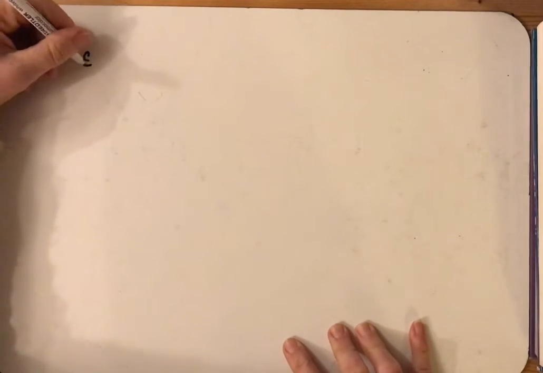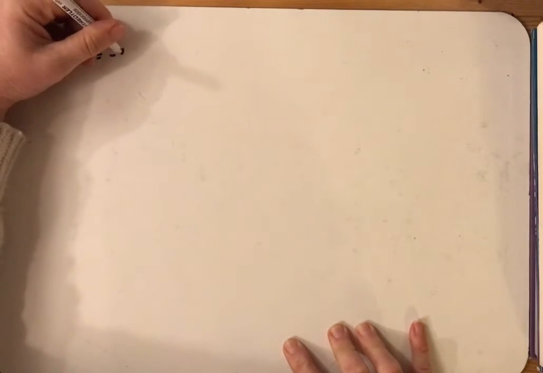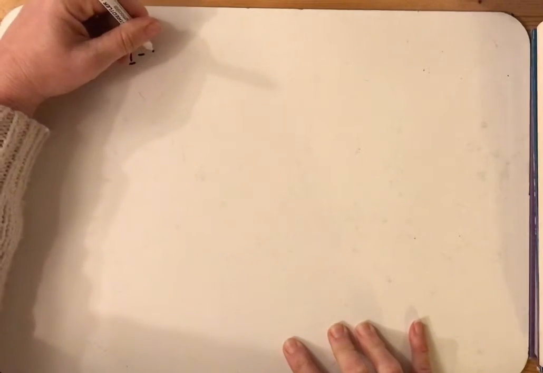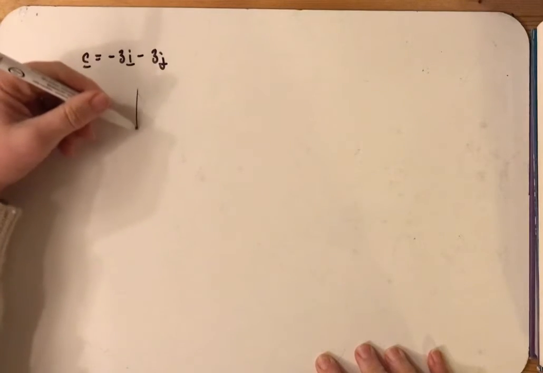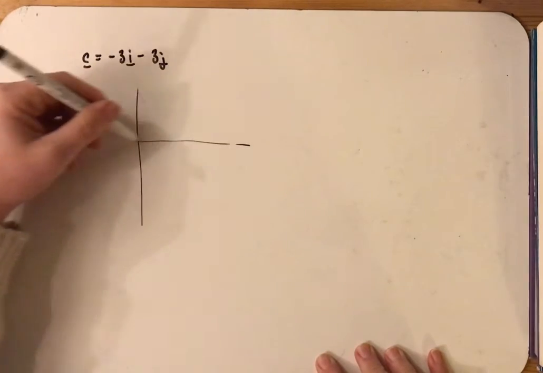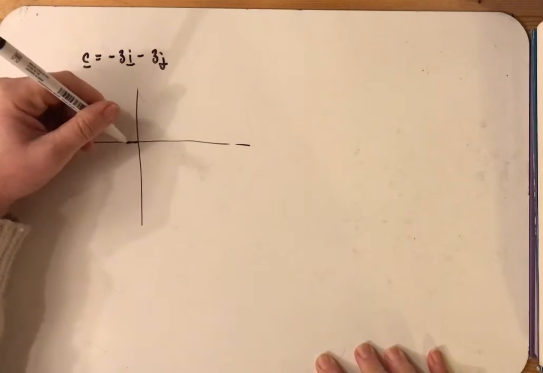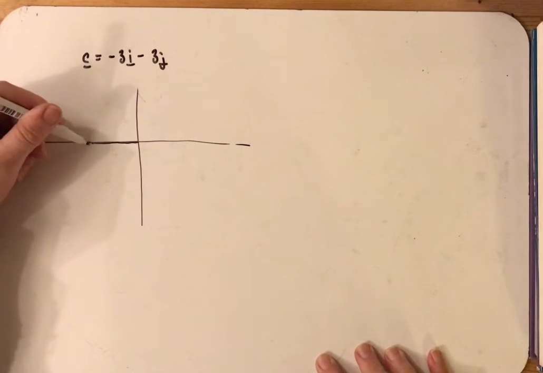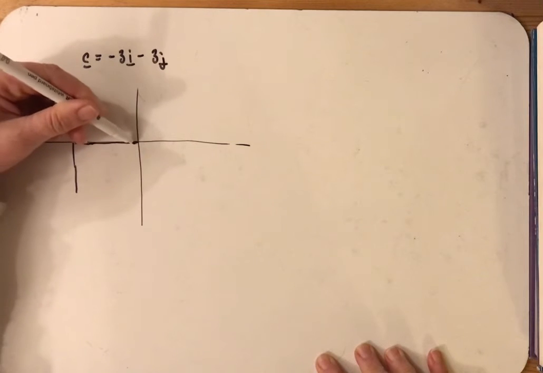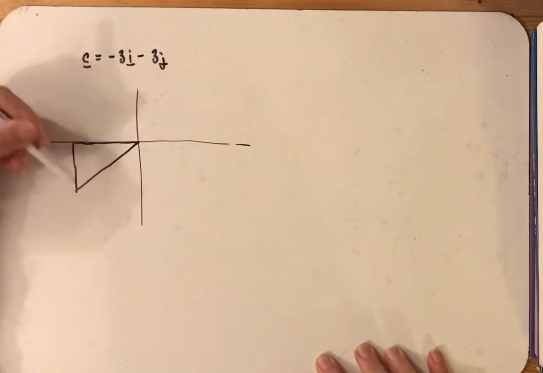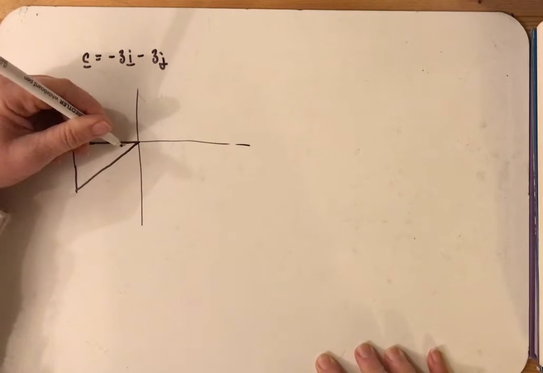So vector C, minus 3i minus 3j. So going back 3, down 3, and we've got this angle here. We might be able to see what that one is actually, but we'll work through it.